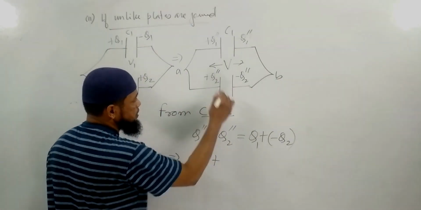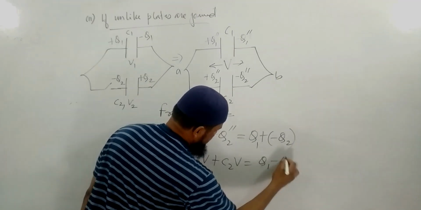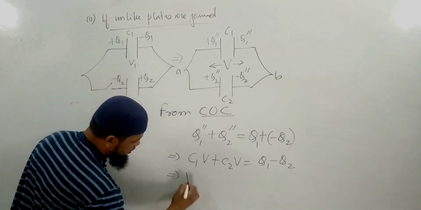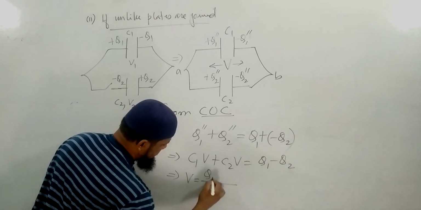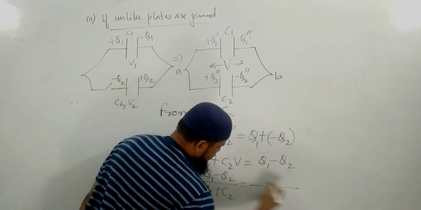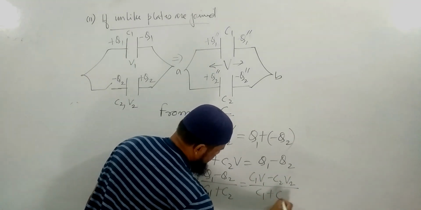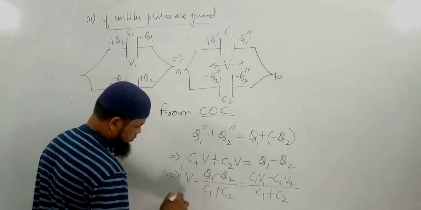Q2 double dash is C2V. So this is Q1 minus Q2. From here the common potential has become Q1 minus Q2 divided by C1 plus C2, or Q1 is nothing but C1V1 minus C2V2 divided by C1 plus C2.